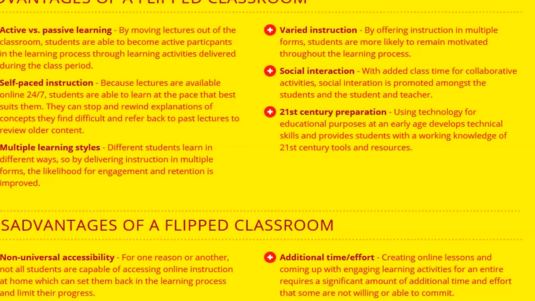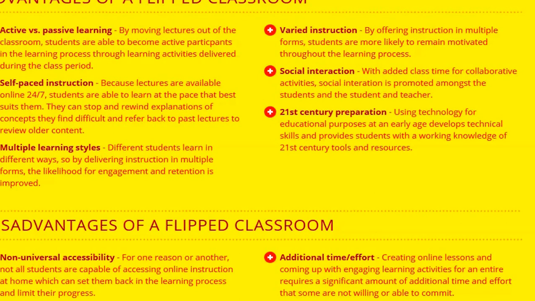Multiple learning styles are possible. Different students learn in different ways, so by delivering the instruction in multiple forms, the likelihood of engagement and retention is improved. Varied instruction is also one of the advantages of the flipped classroom. By offering the instruction in multiple forms, students are more likely to remain motivated throughout the learning process.